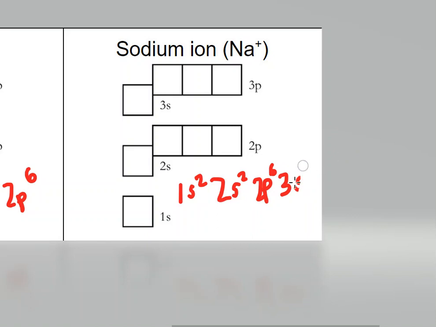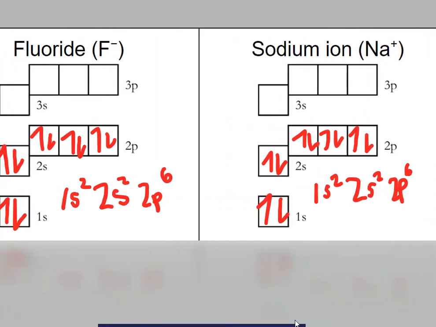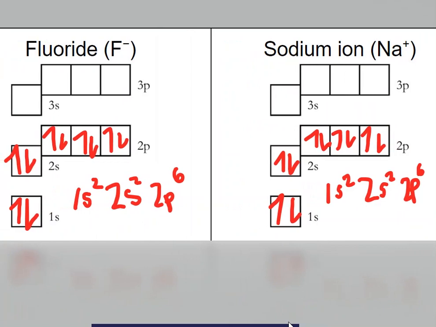So it's going to lose its valence electron, which is this 3s1 electron. So now I can go ahead and follow my fill rules and fill these in. So everybody's going to get 1 before anybody gets 2. There you go. And we notice that it's basically the same for fluoride and sodium, because this is how they both get to an octet, which is the most stable electron configuration.